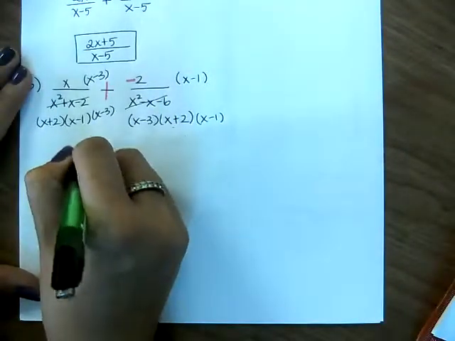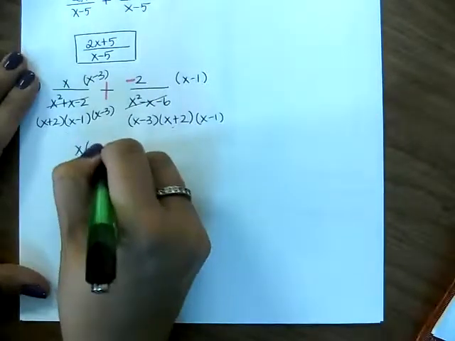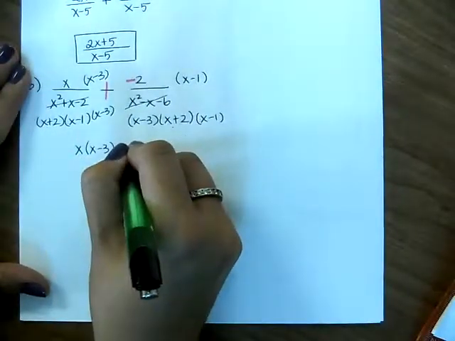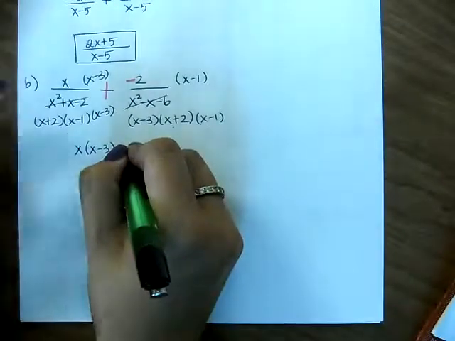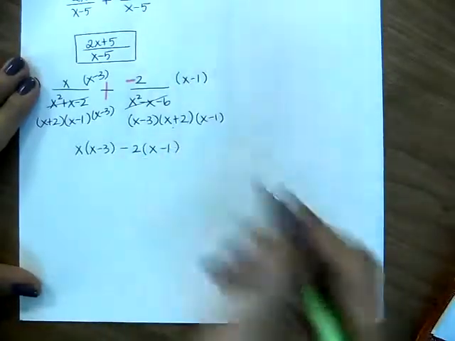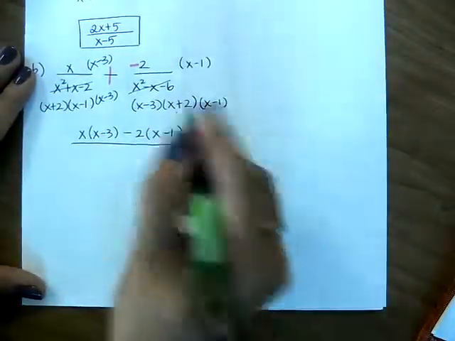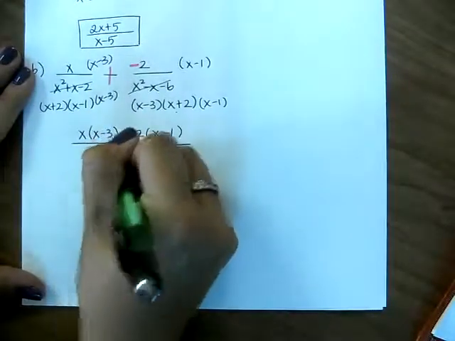So now in the numerator I'm going to have x times x minus 3. You can write plus a -2. You can write minus 2 times x minus 1. Okay, it doesn't matter as long as you remember what to do there. And then that's all over our common denominator.